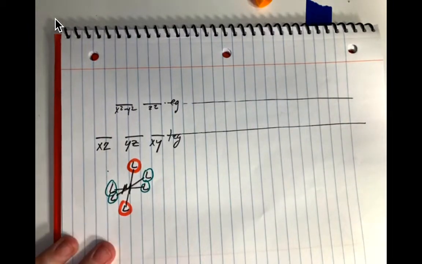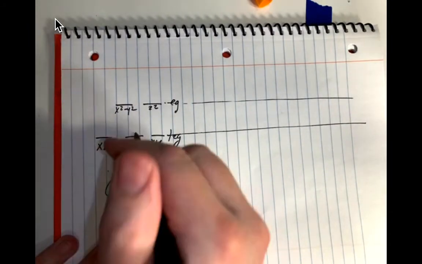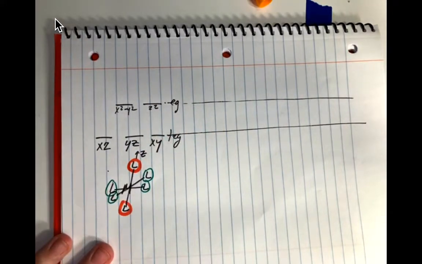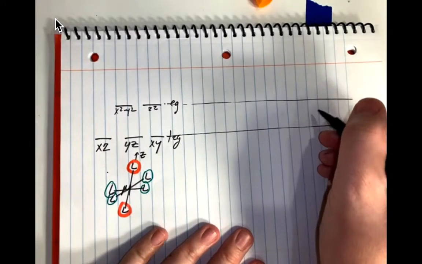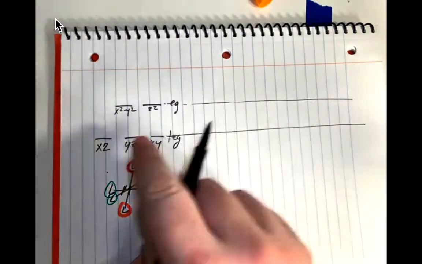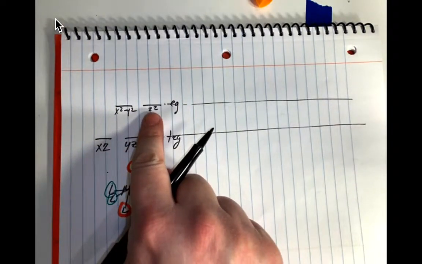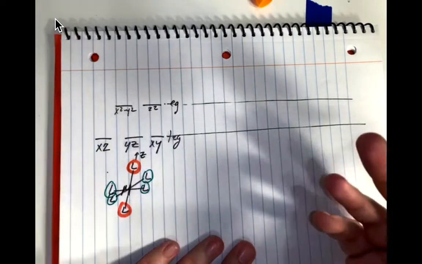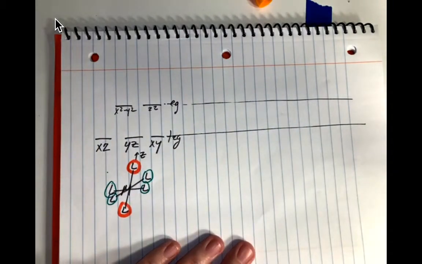As we do this, we pick the two ligands that are along the z-axis, and we grab those and pull those away. As we pull those away, anything with a z component goes down in energy, and anything that has no z component goes up in energy.